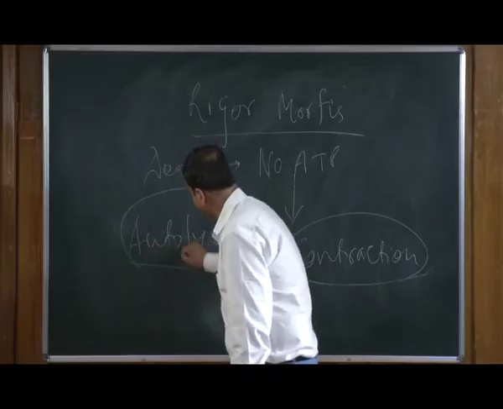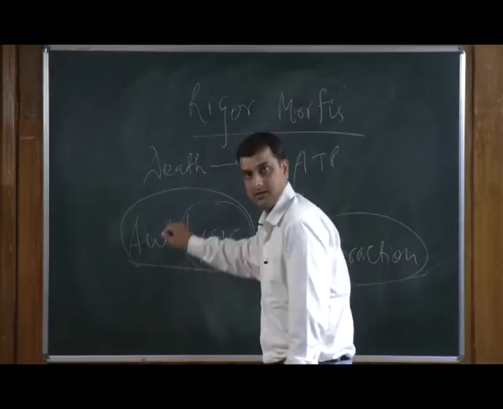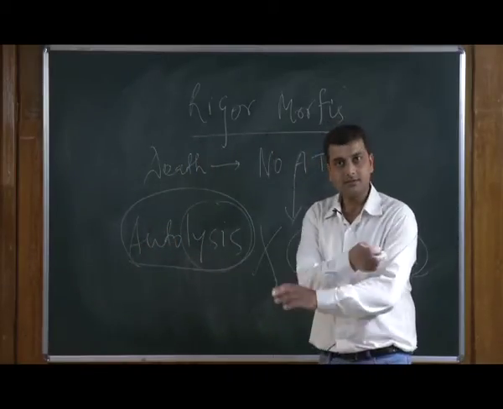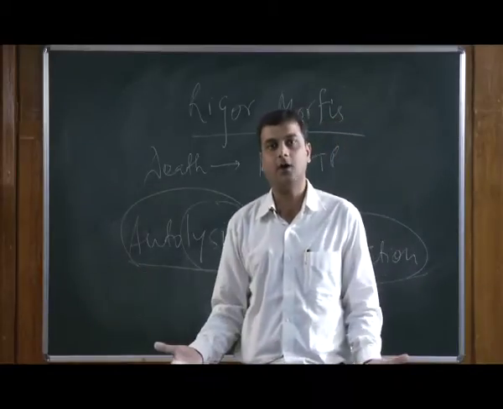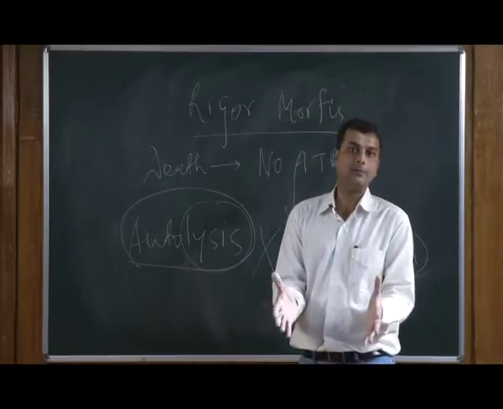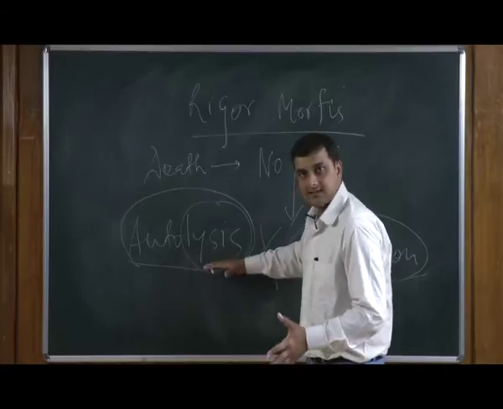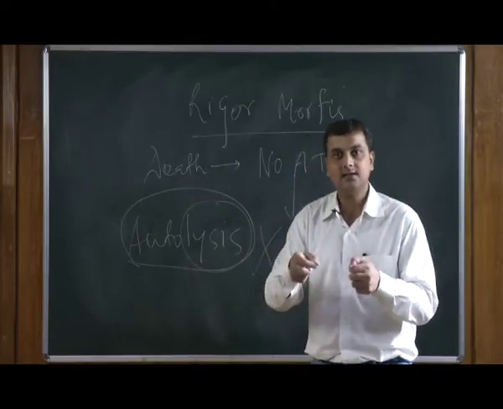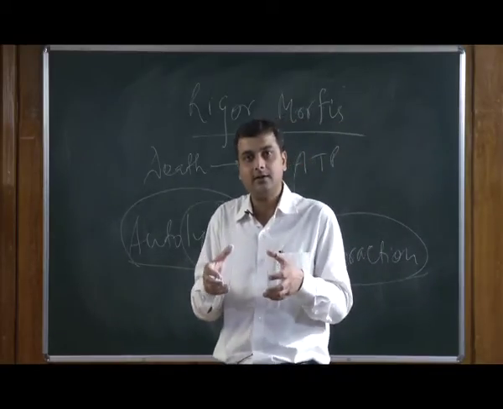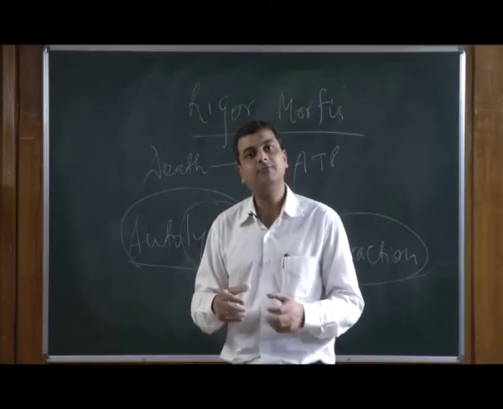Autolysis means auto means self, lysis means destruction: own destruction, because the body mechanism, everything is gone. So the body is not behaving properly. The body muscle is undergoing lysis, disruption, and because of this disruption, the whole body has become flexible.